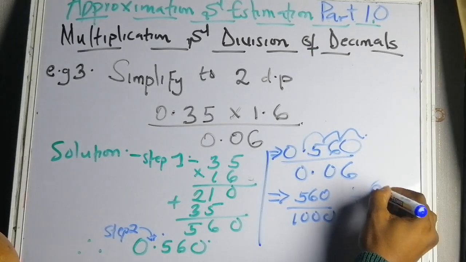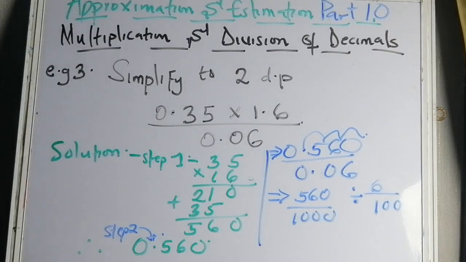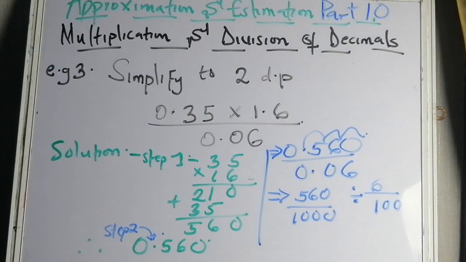You are moving the point 2 times. That's divided by 6 over 100.